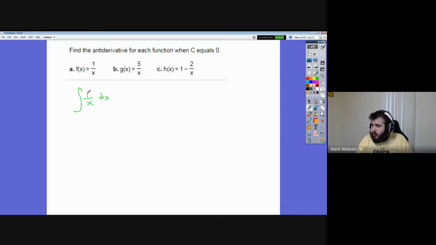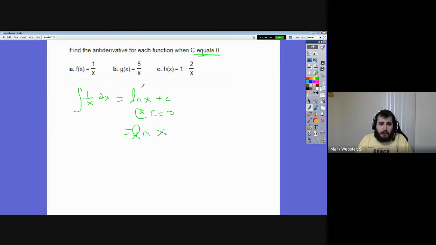Well, the thing that gives us this derivative is natural log. So when I integrate, I get natural log of x plus c. And again, they're telling us, hey, c equals 0. So my final answer here is just natural log of x.